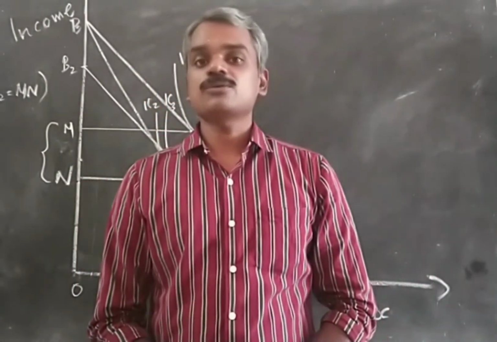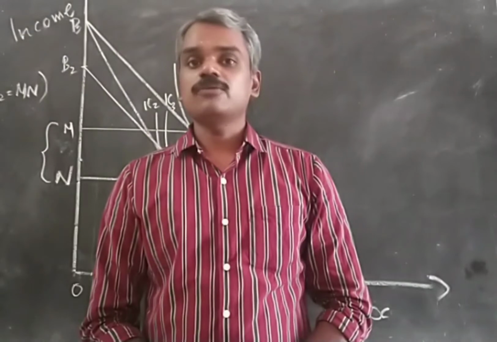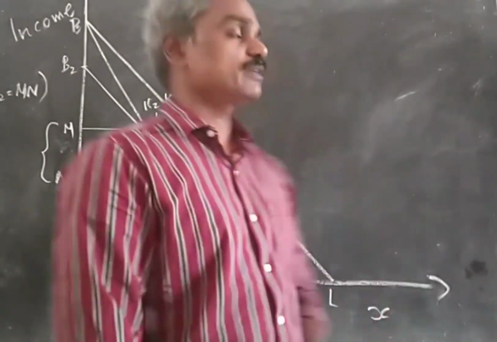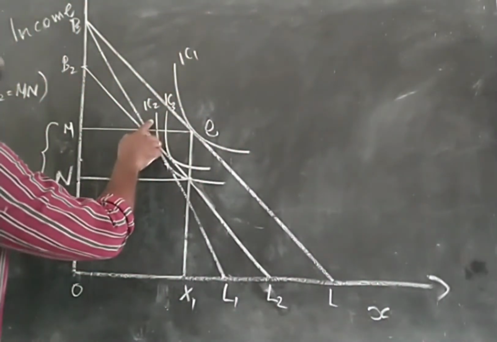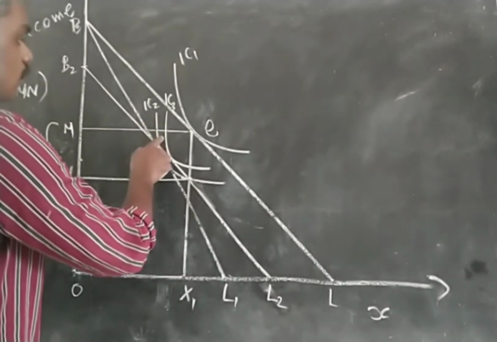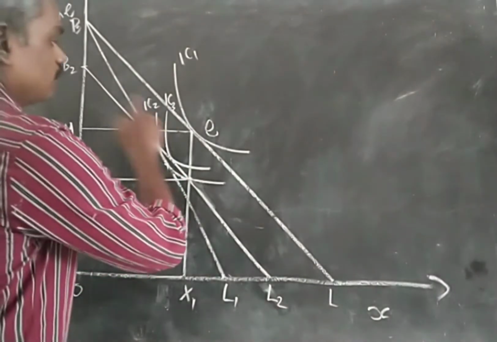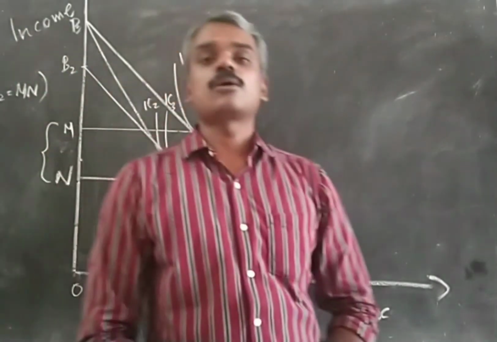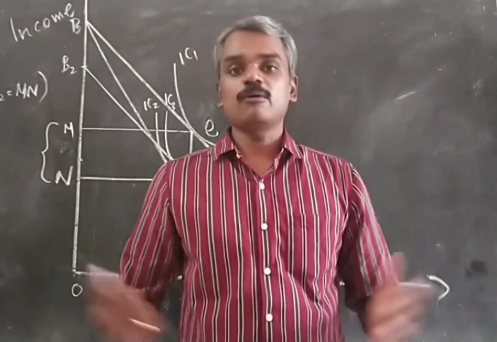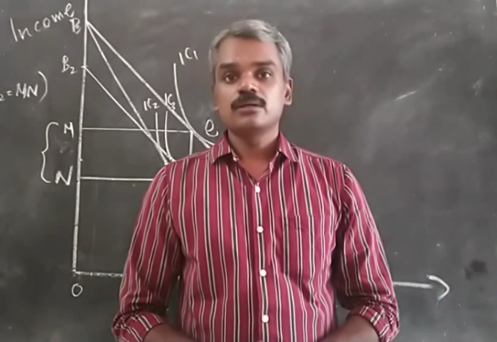We know from the properties of indifference curves that a higher indifference curve shows a higher level of satisfaction. You can see that indifference curve IC2 is at a lower location than IC3. So which indifference curve gives more satisfaction to the consumer? Obviously IC3.